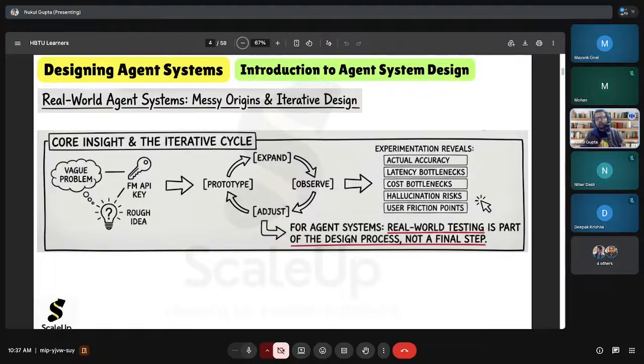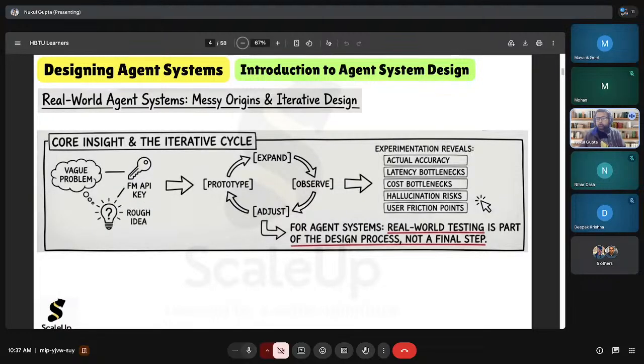In traditional software, we first build it completely, and then testing comes after development, like for a big system. But in agent systems, we have to keep testing as we are developing. This experimentation helps us check whether we are going in the right direction and accomplishing our goal, and the actual accuracy.